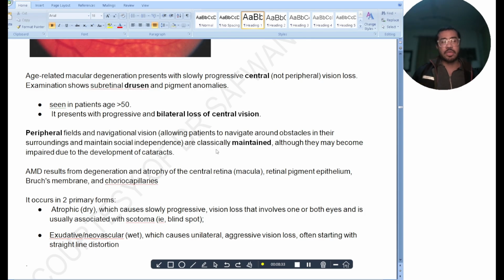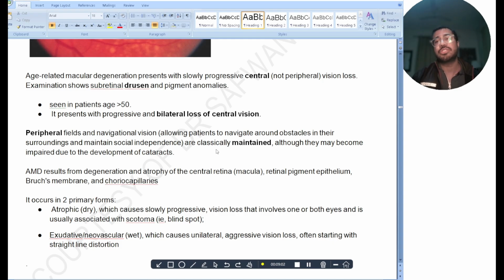In a case like that, when you examine the eye with the ophthalmoscope, you see that the patient has also developed a cataract in addition to age-related macular degeneration. So the cataract is now affecting the peripheral vision, and the central vision had already been affected by the AMD. That is why the patient now had a loss of both central and peripheral vision. In this case, you just do an intraocular lens replacement, and the patient then regains the peripheral vision.